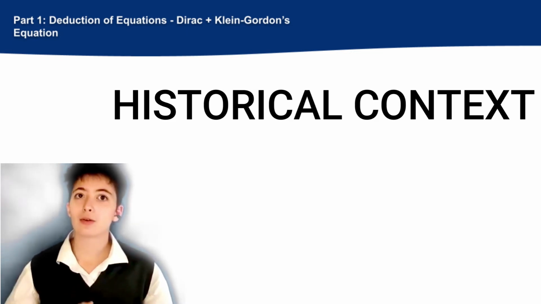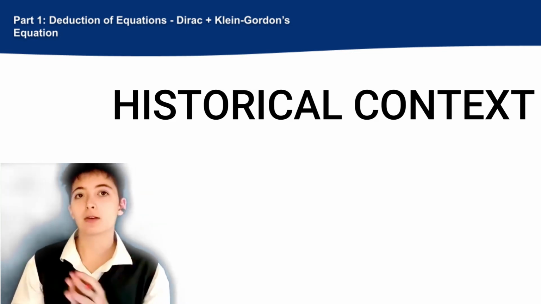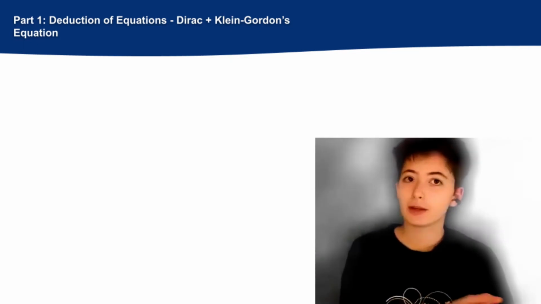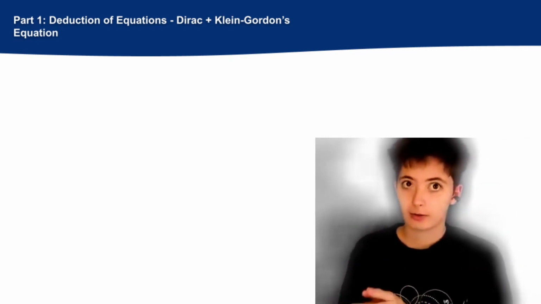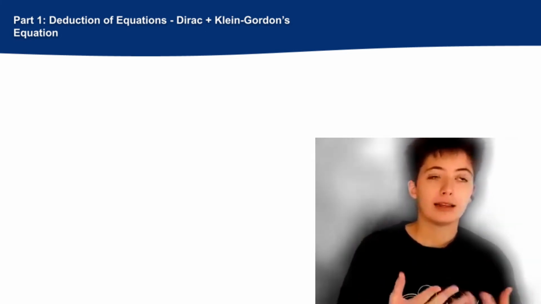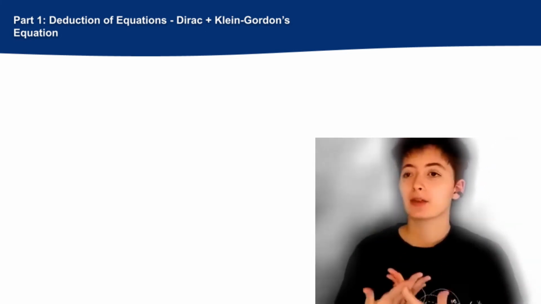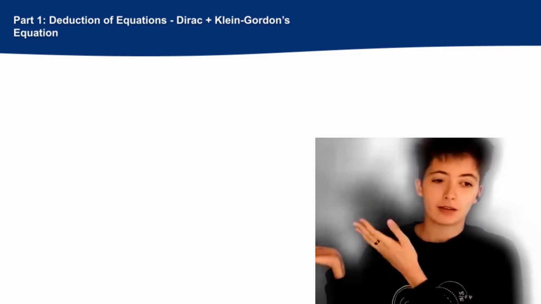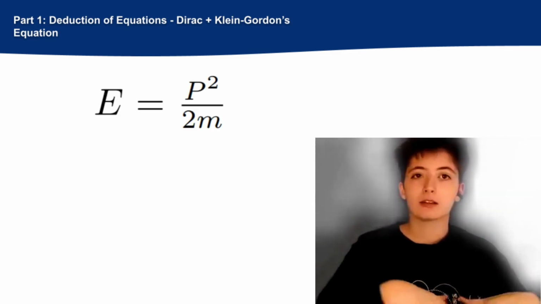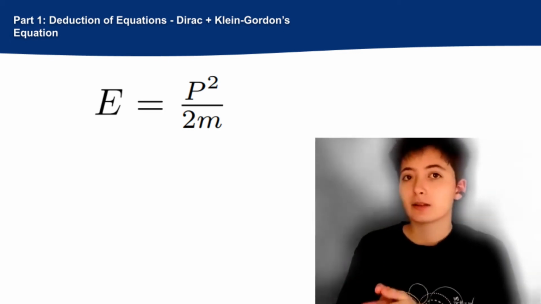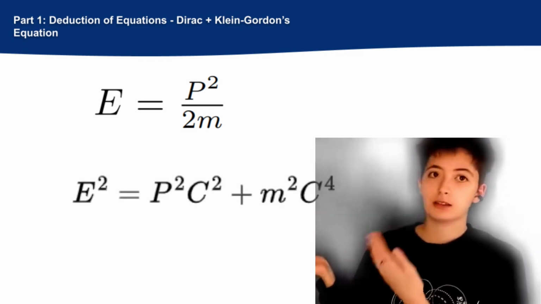To do this, we must first derive the Klein-Gordon equation. I'm going to do a quick demonstration of how we will arrive at the Klein-Gordon equation. So, while in classical mechanics we define the kinetic energy as this, in special relativity the total energy of a system of particles is defined with this new equation.